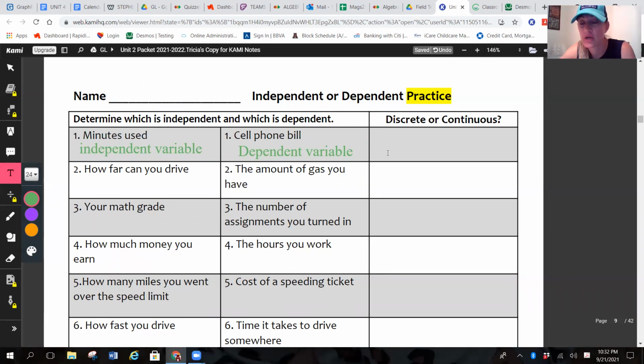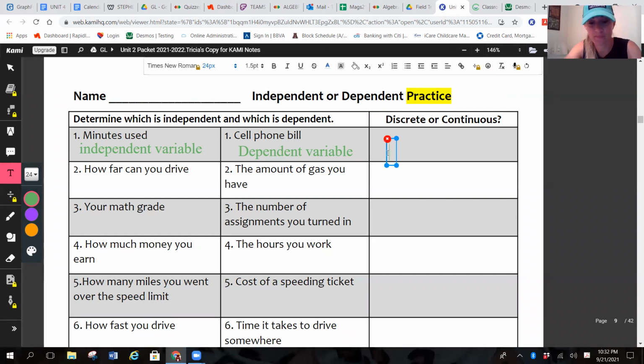Sure. You can be on the phone fractions amount of time, or you can just, as soon as it hits 5 minutes, you're off the phone. That's not realistic. So this would be an example of continuous, because I can measure how long I'm on the phone. Time is measurable because time is measurable.